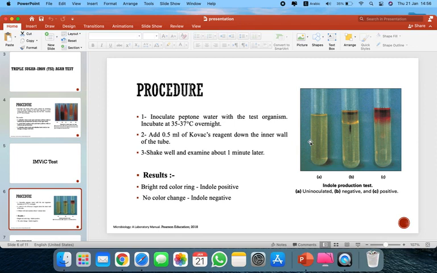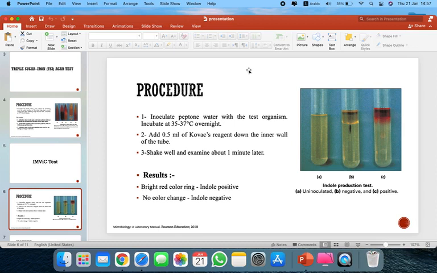For the enteric bacteria that live in our intestine, also called enteric bacteria, I have a specific test. It's called ENVIC. Okay, so this test includes ENVIC. The first letter, I, means the indole test.